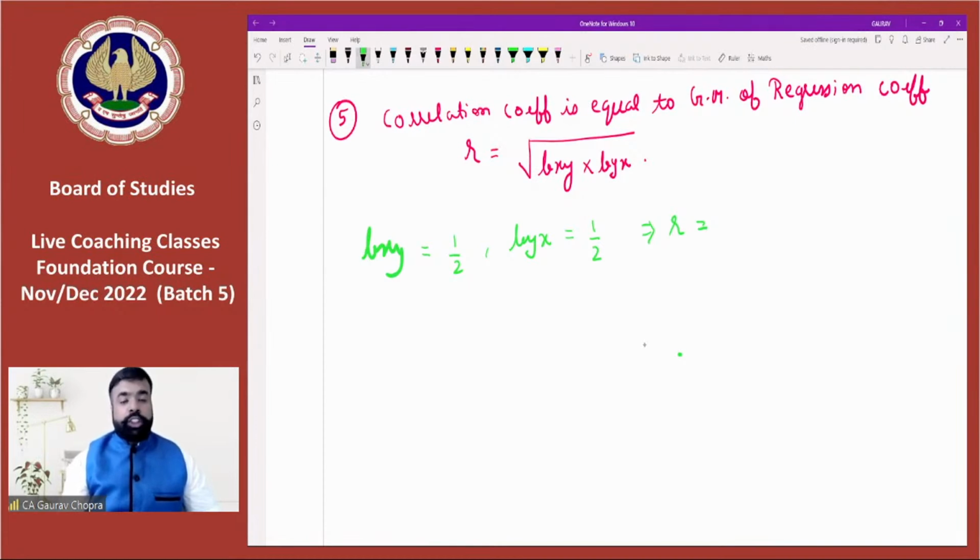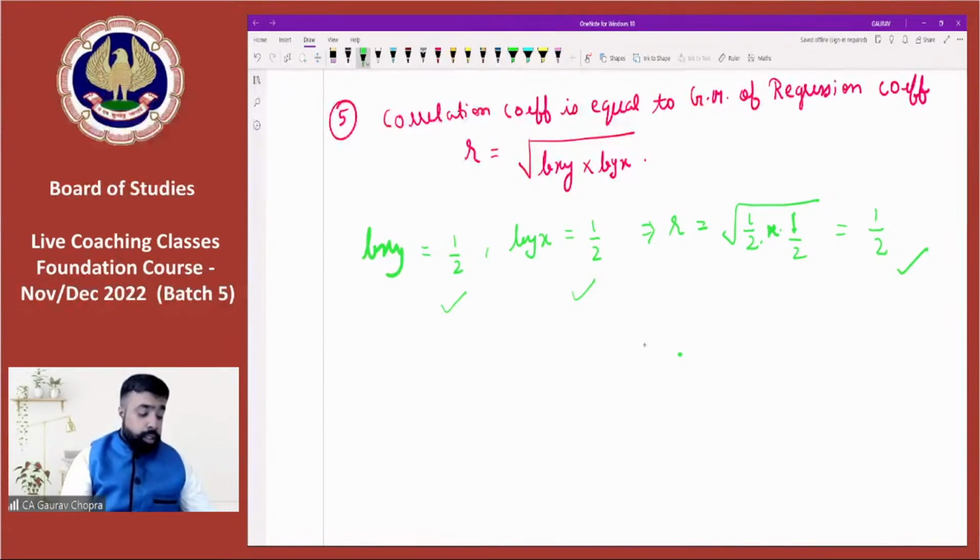What will be the correlation? We simply take root of 1/2 multiplied by 1/2. How much will come? 1/2. So bxy was positive, byx was positive, r will also be positive. So r will be 1/2.